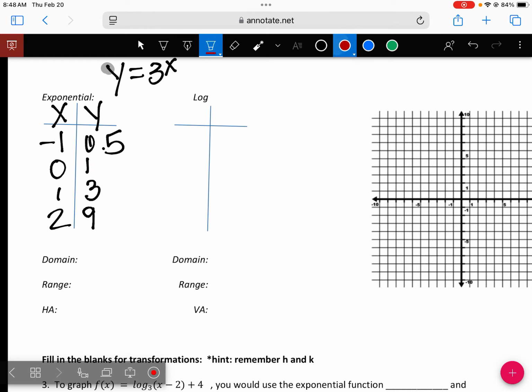Yep, it's log base 3 of x. So you're going to write the table for the exponential, and then you're going to do the same thing for the log.